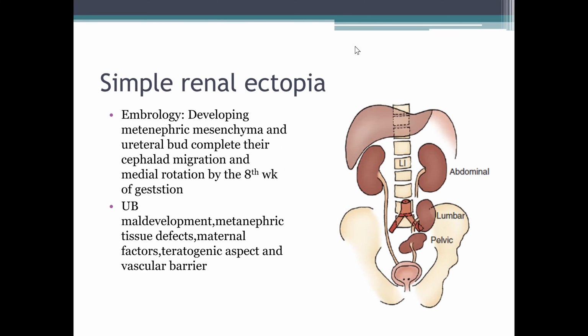So this diagram just shows you, let me just see a bit of the charts. Okay. So we shall reserve all the questions, and we shall ask them at the end. So in the simple renal ectopia, are we following? I think we are now okay.